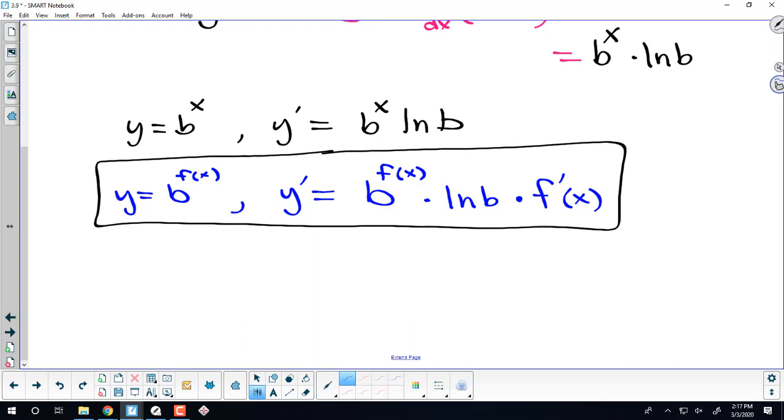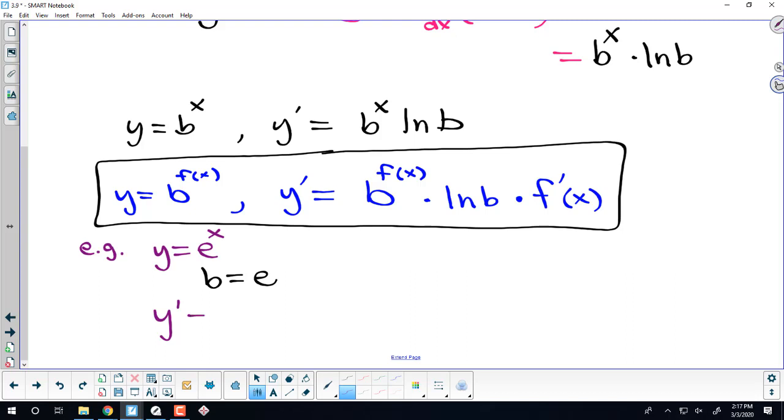And for instance, if we looked at applying this rule to e to the x, we just have to look at this formula here where b is equal to e, right? B to the x, now we're looking at a specific b, which is e. So it says in order to find y prime, this is more generic than the e to the x rule, because that just applies to that specific exponential. This rule applies to any exponential.